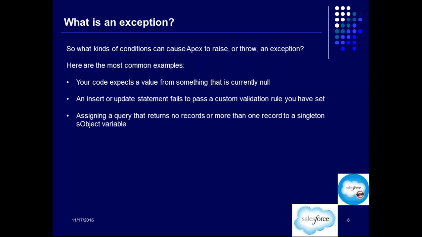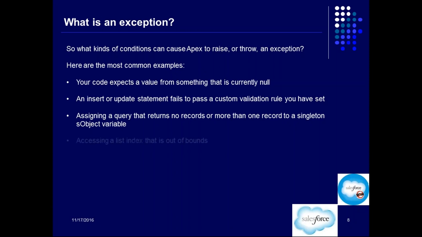Assigning a query that returns no records or more than one record to a singleton sObject variable. If you are assigning a query and the query does not return any records, or a singleton sObject query returns multiple records. A singleton sObject variable means an sObject which can hold one value, but your query which is assigned to that variable is returning multiple values.